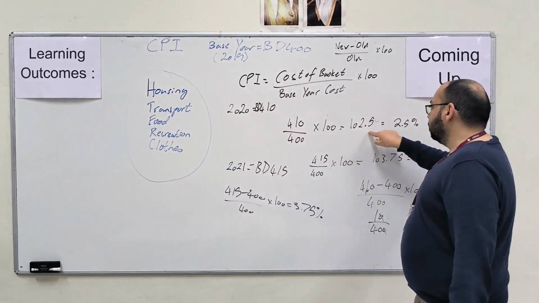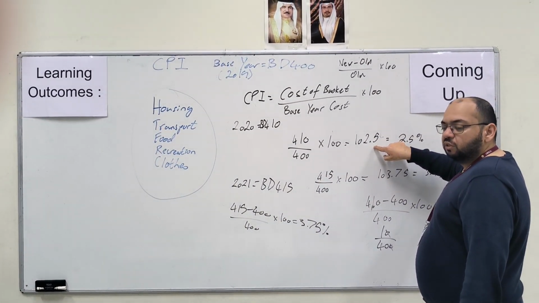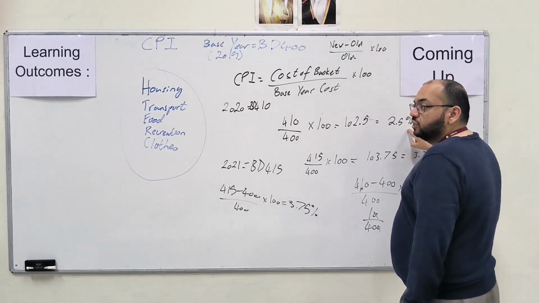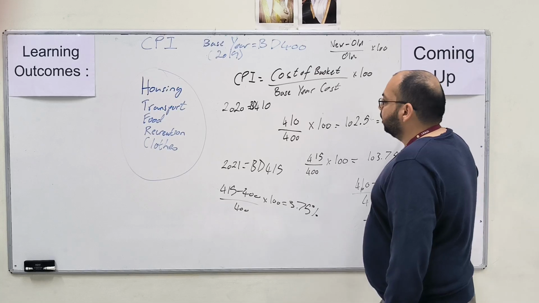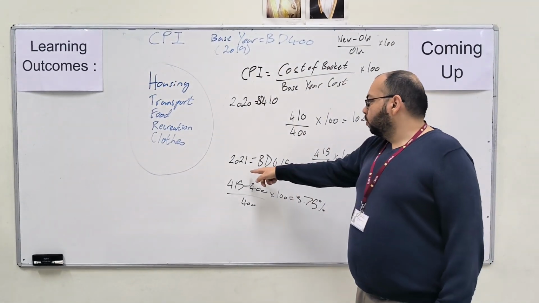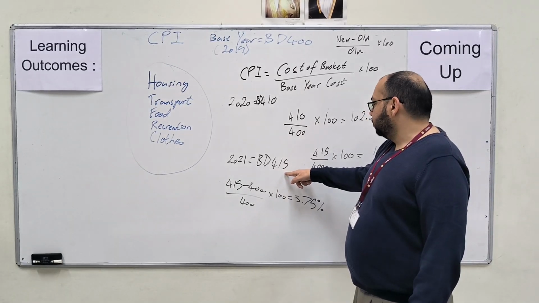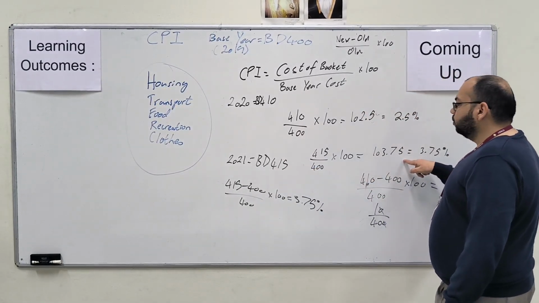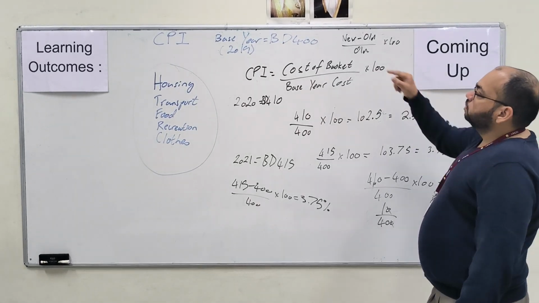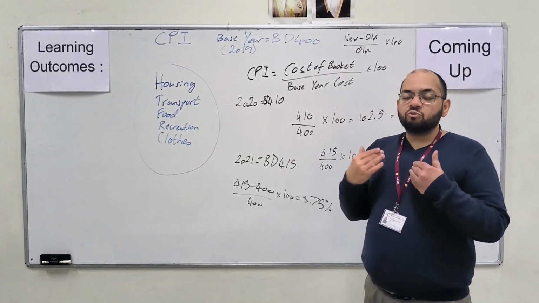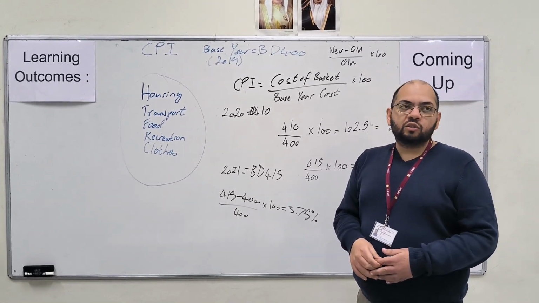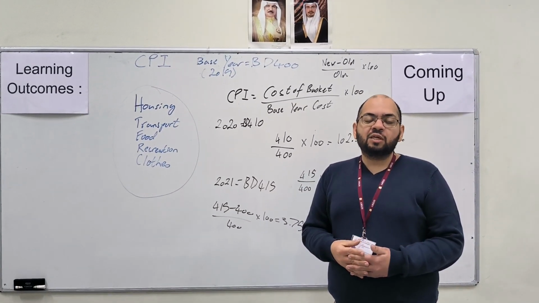That means that the CPI is 102.5, which signifies a 2.5% increase in price from 2019 to 2020. And in 2021, that same basket of goods cost 415. The CPI we calculated was 103.75, which comes to 3.75% from 2019 to 2021, meaning a 3.75% increase in price from 2019 to 2021. And that is CPI in a nutshell.